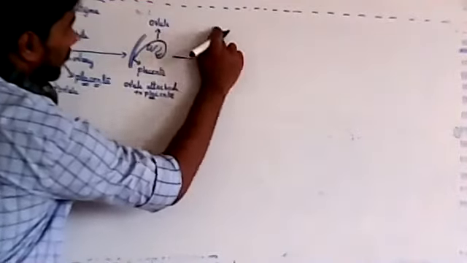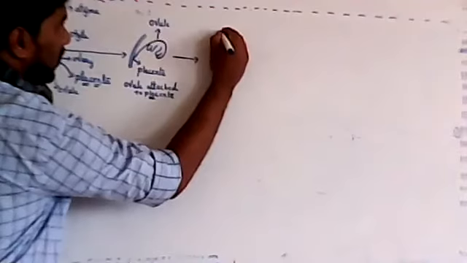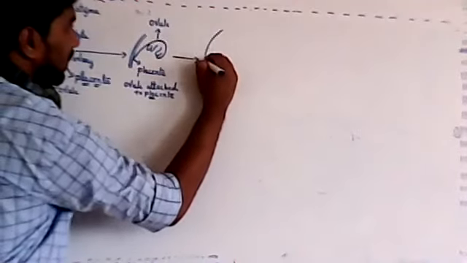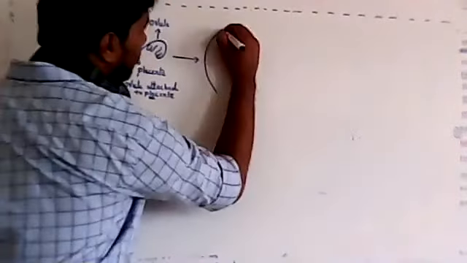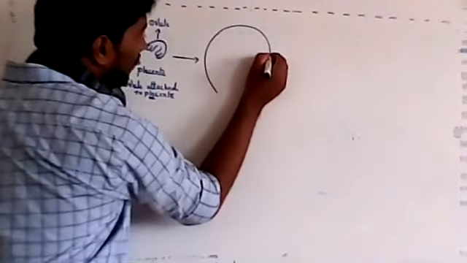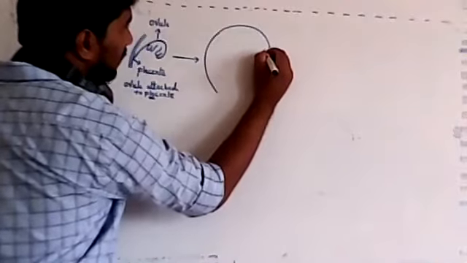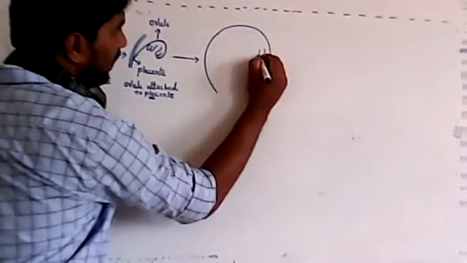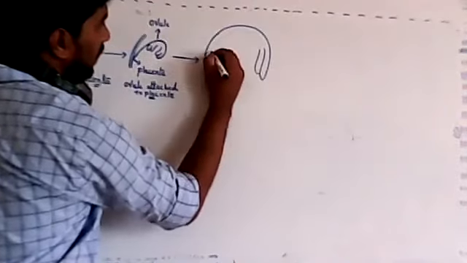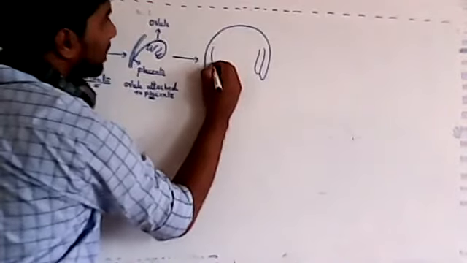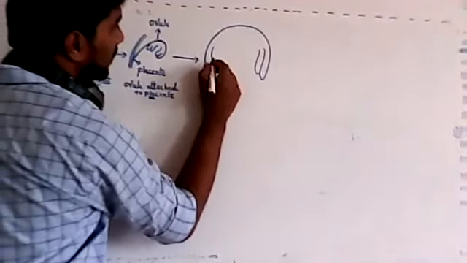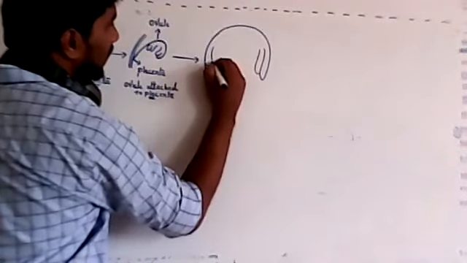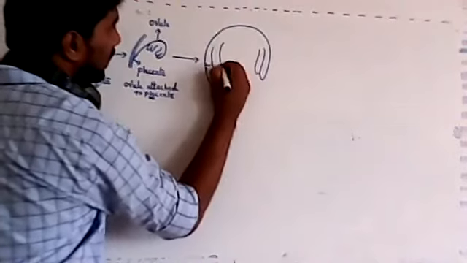First, during the growth of the ovule, when it is young, the ovule will have an outer layer which is called the outer integument, and an inner layer which is called the inner integument. So two layers will be present.